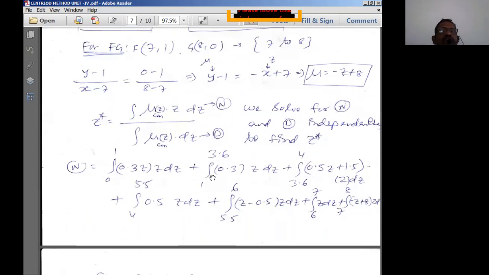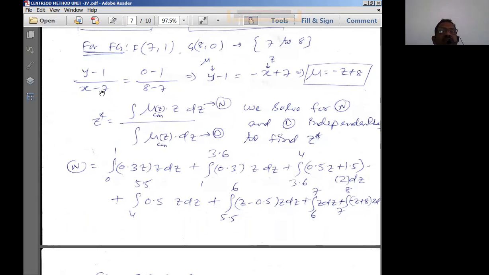Then let us go with the equation for FG. The point F is (7, 1) and G is (8, 0). So y minus y1, y minus 1, x minus 7, is equal to 0 minus 1, y2 minus y1, by x2 minus x1, 8 minus 7.